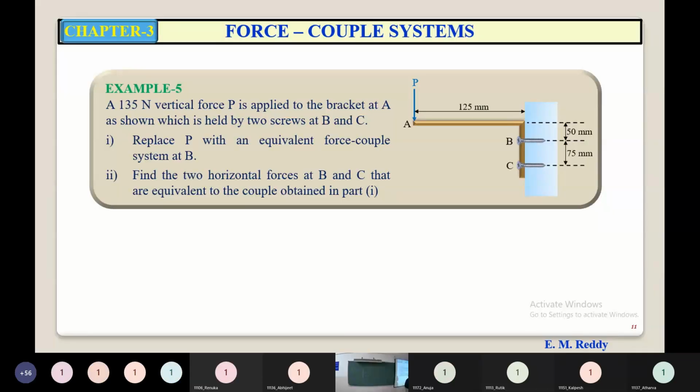A 135 Newton vertical force P is applied to the bracket at A as shown in figure, which is held by two screws at B and C. First you have to replace force P with an equivalent force couple system at B. In the second part, you have to find the two horizontal forces at B and C that are equivalent to the couple obtained in part 1.